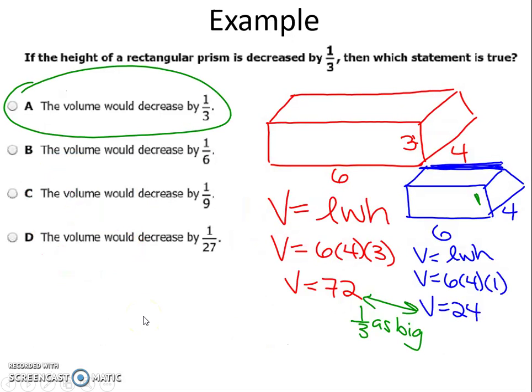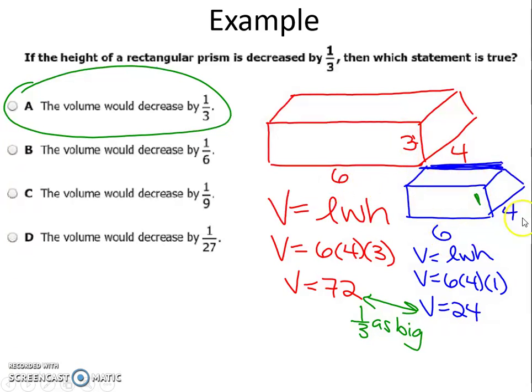Look at the example. If the height of a rectangular prism is decreased by 1/3, then which statement is true? I got this question from the SOL. So I drew a rectangular prism and it's decreased by 1/3. I'm going to say the volume will decrease by 1/3, and I can prove it to you by drawing two prisms. Here you have 6, 3, 4, and then I'm going to decrease the height to 6, 1, 4, because 3 divided by 3 is 1.